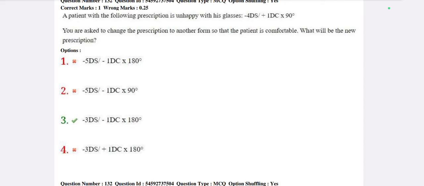You are asked to change the prescription to another form so that the patient is comfortable. What will be the new prescription? Correct answer is -3 DS -1 DC into 180.